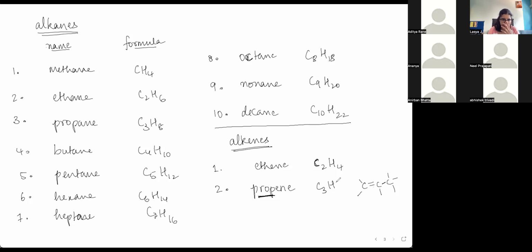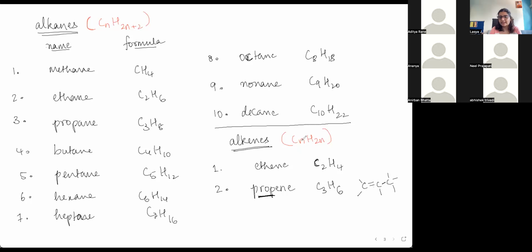Beyond that, C3H6, few people have already answered. Snehal? So beyond that, every series has a general formula. What is the general formula for alkanes? CnH2n+2. Alkenes? CnH2n.